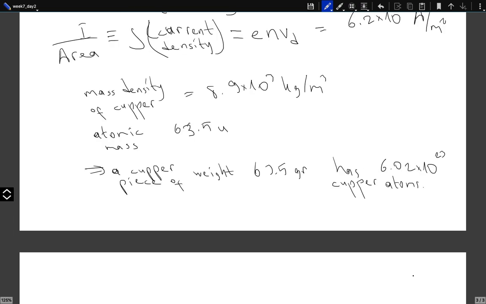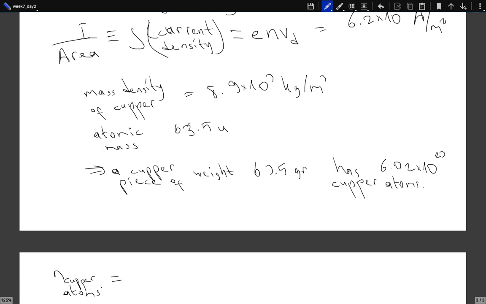So this should be enough for us to determine the number density. Let's say the number density of copper atoms. Let's assume we have 63.5 grams of copper.